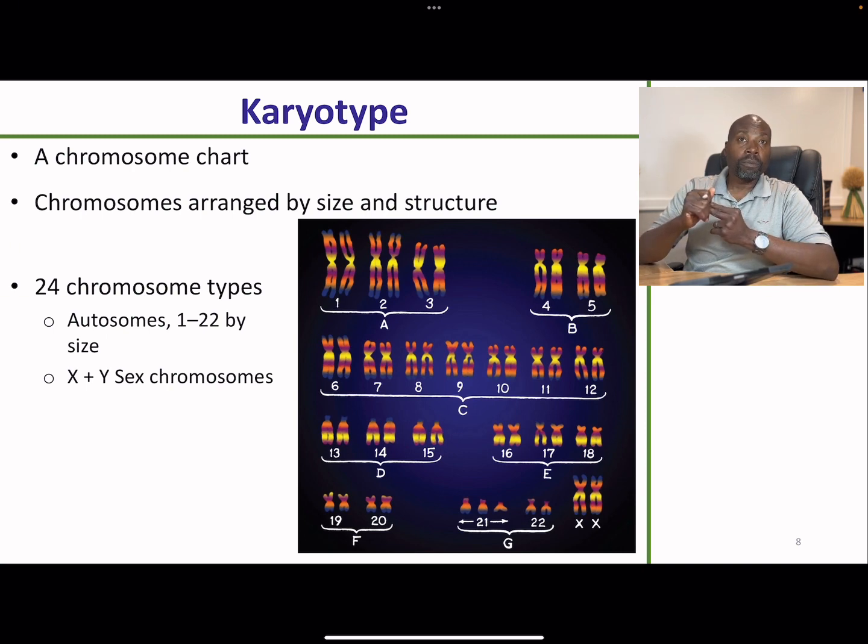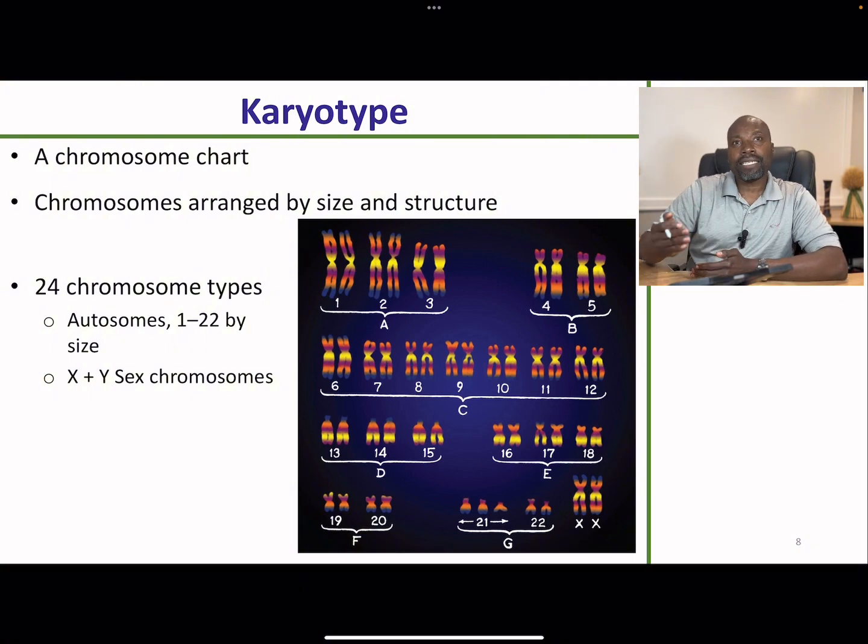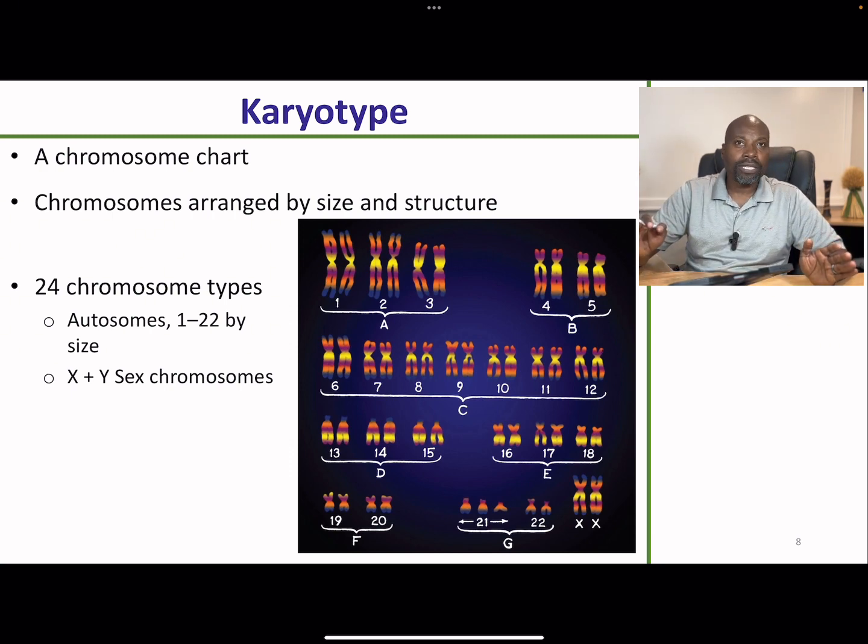For instance, if a chromosome is too long, if a chromosome is too short, right? We are going to be able to tell this. However, what we can never tell is if there is a mutation in a chromosome. The kind of mutation I'm talking about is, for instance, a substitution, right? So A is replaced by C, or G is replaced by T, right? You cannot see that with a karyotype.